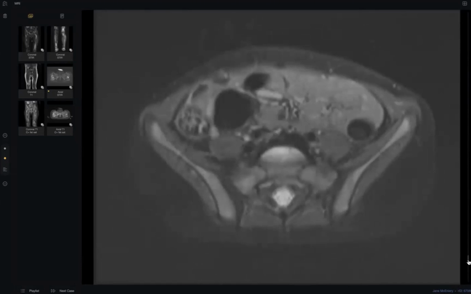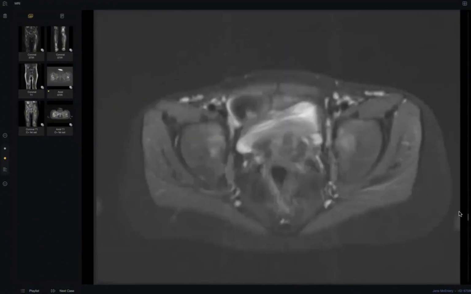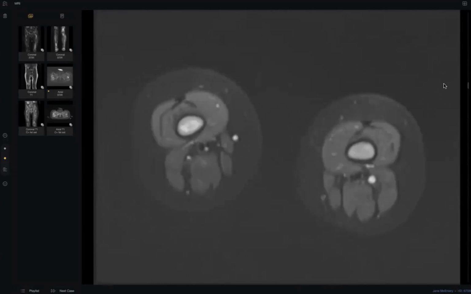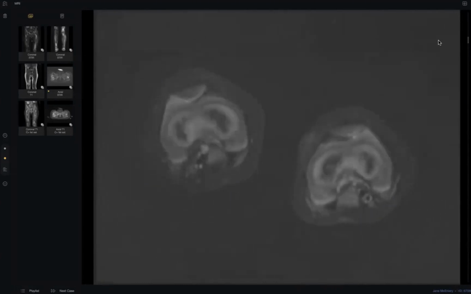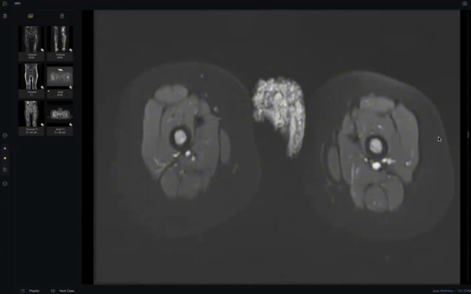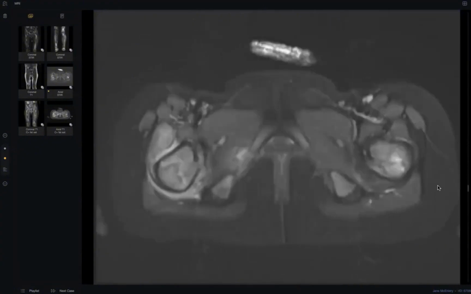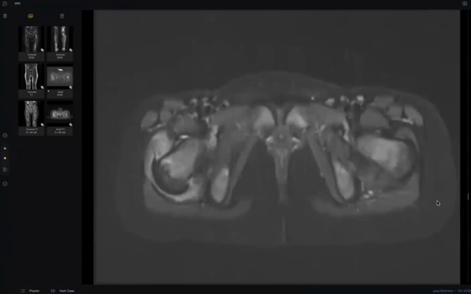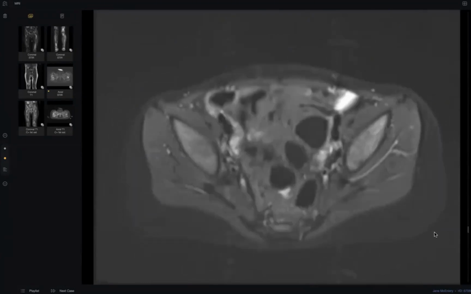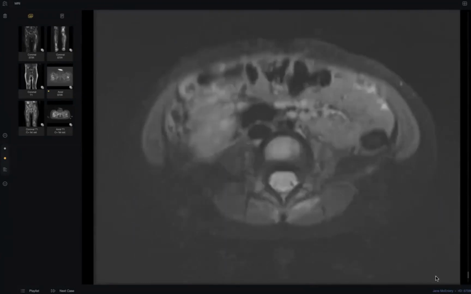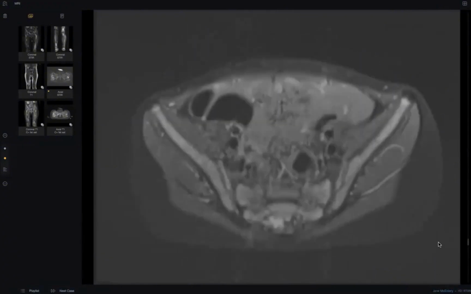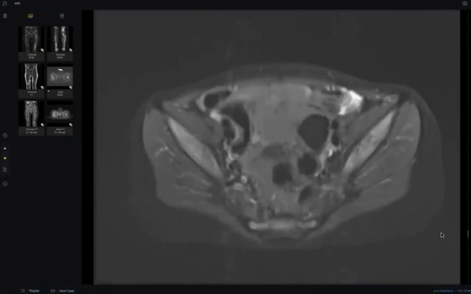They are unremarkable, and altered marrow signals are noted in the bilateral femoral shafts with a small associated soft tissue component also seen. Sir, my differential remains the same, and I would refer the patient to a sarcoma center.